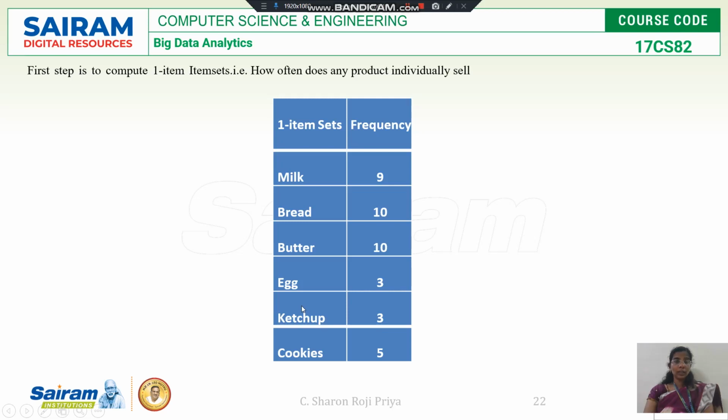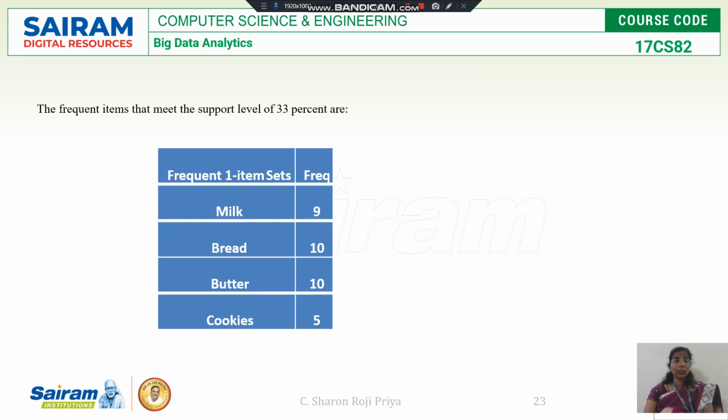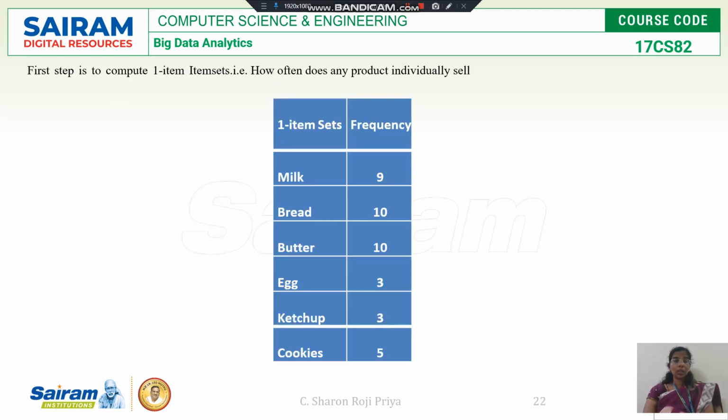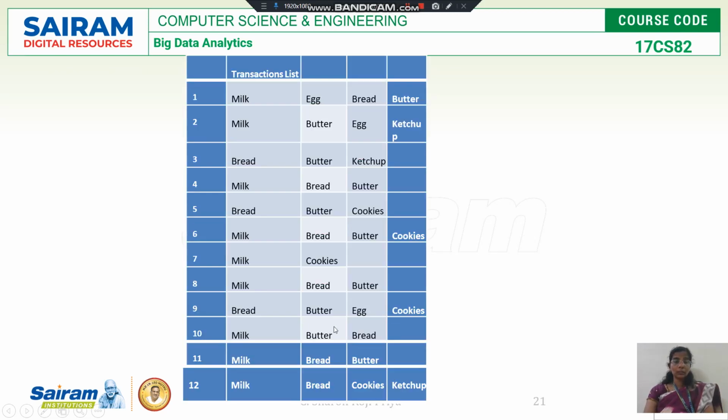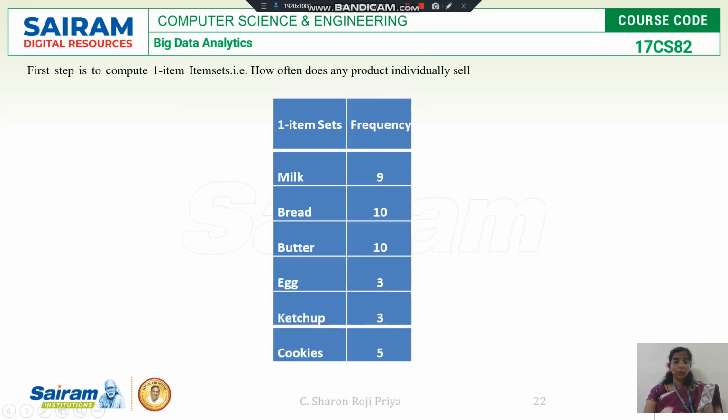Now, it should satisfy the user specified minimum support level. I have specified the support level as 33%. So we'll keep only the items that reach this 33%, and the rest I'll discard. When you calculate support for 9, totally there are 12 transactions, so it is 9 divided by 12.